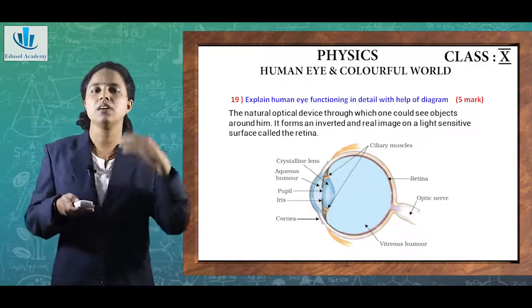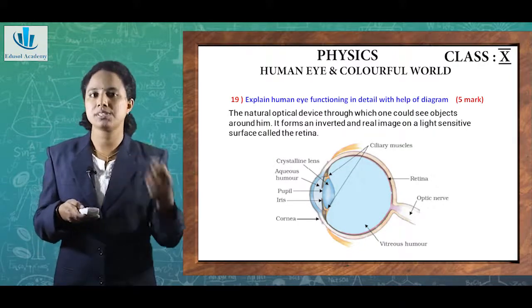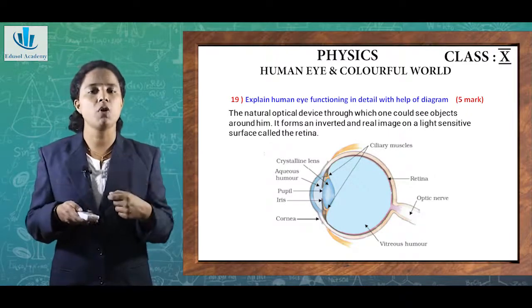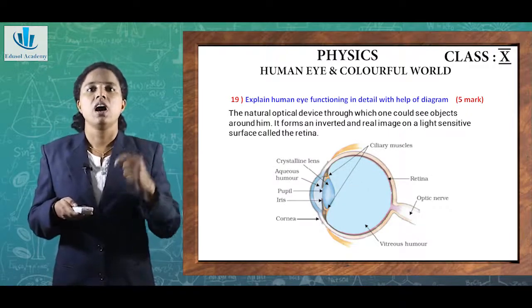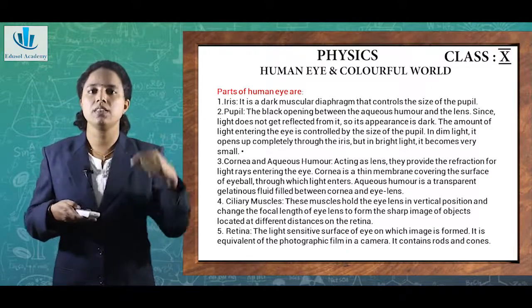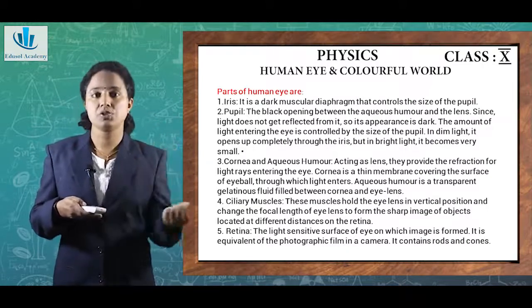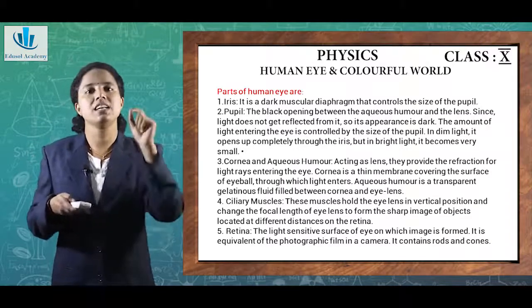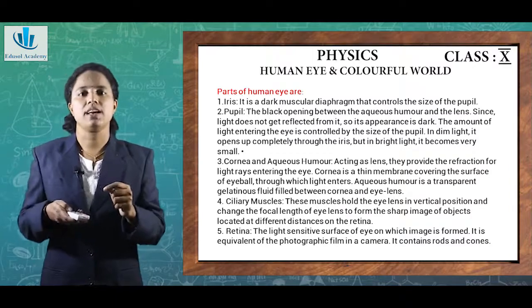And what is the main function of the retina? It is a light sensitive screen. The light sensitive screen finally forms images which are inverted and real. In between they may be formed in other positions, but finally they are formed as inverted and real images on the retina.